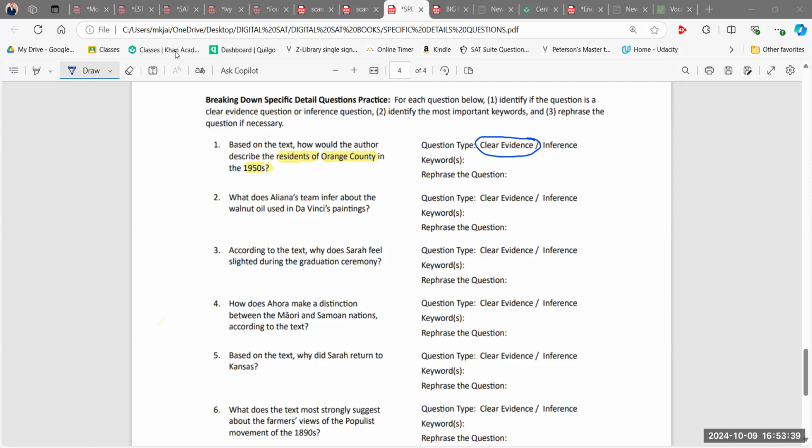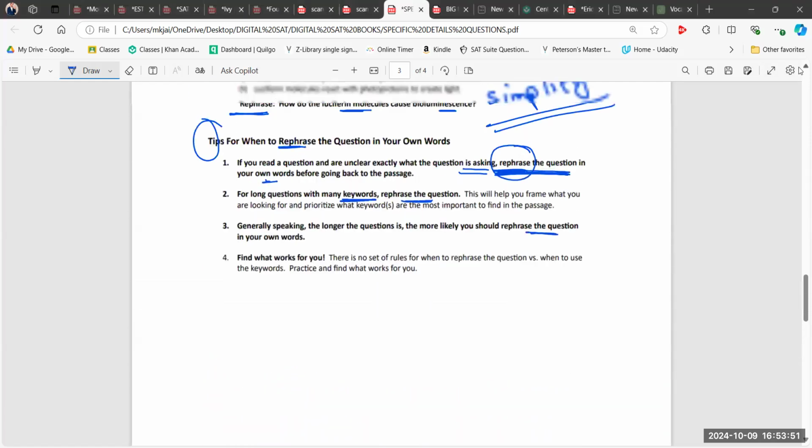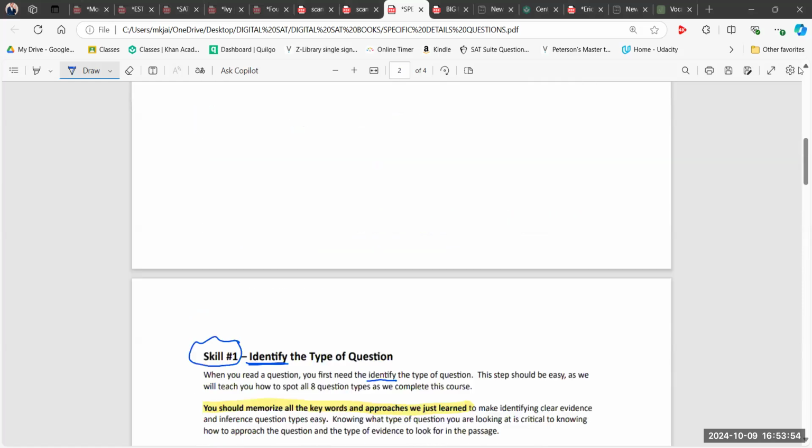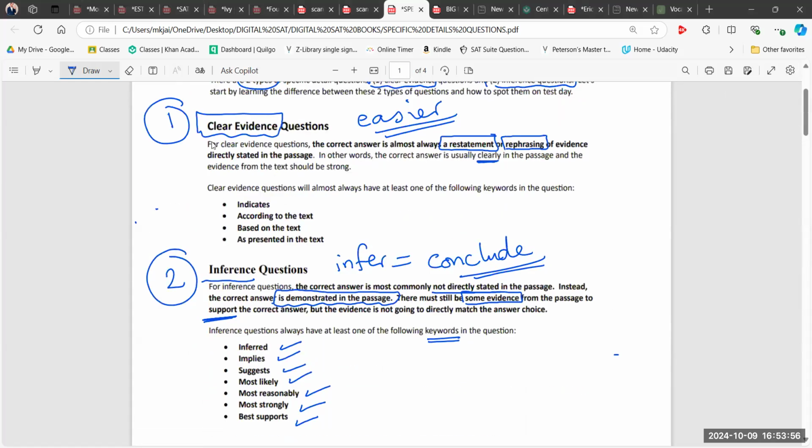Teacher, can you repeat the difference between clear evidence and inference? Okay, when you consider clear evidence questions, you will find any of these words: according to the text, based on the text, as presented in the text, the text indicates.